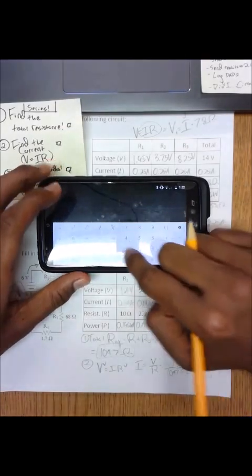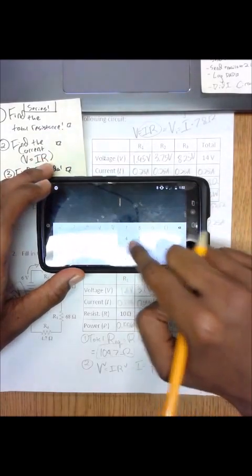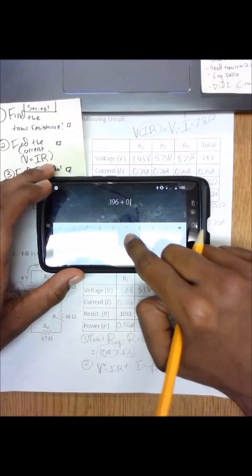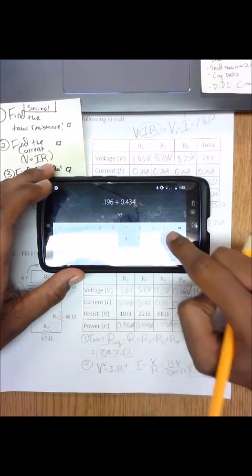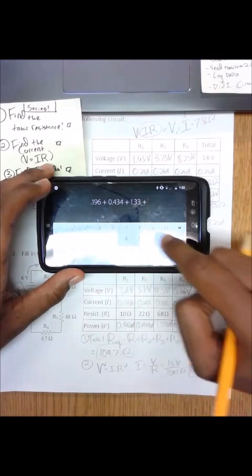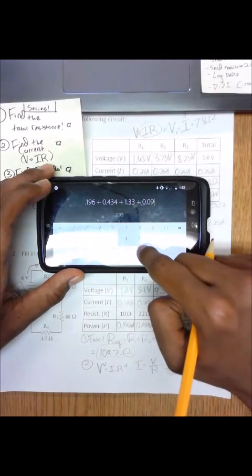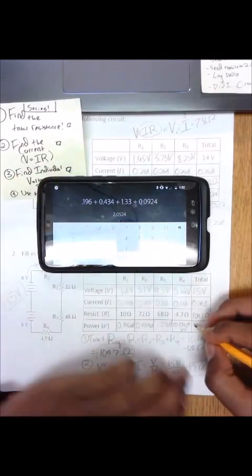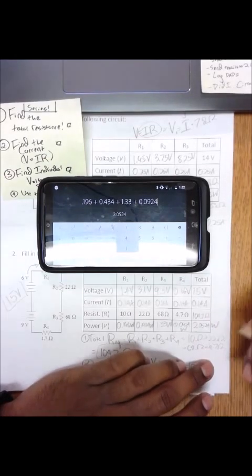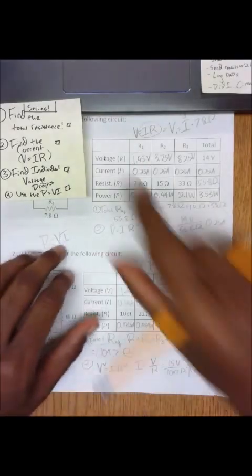We go through here, and we just add all of them together. That is how you complete an analysis for circuits in series.